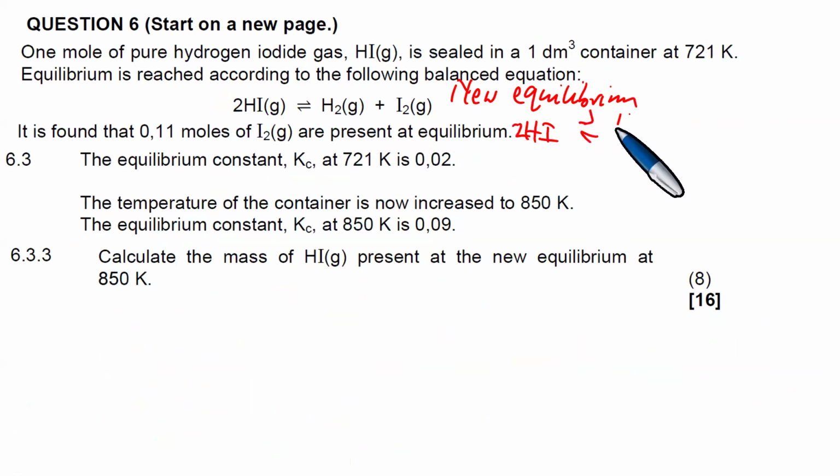But you see, if we say 2 moles of hydrogen iodide, 1 mole of hydrogen, 1 mole of iodine, we don't mean the actual moles. Those are relative moles, 2:1:1.